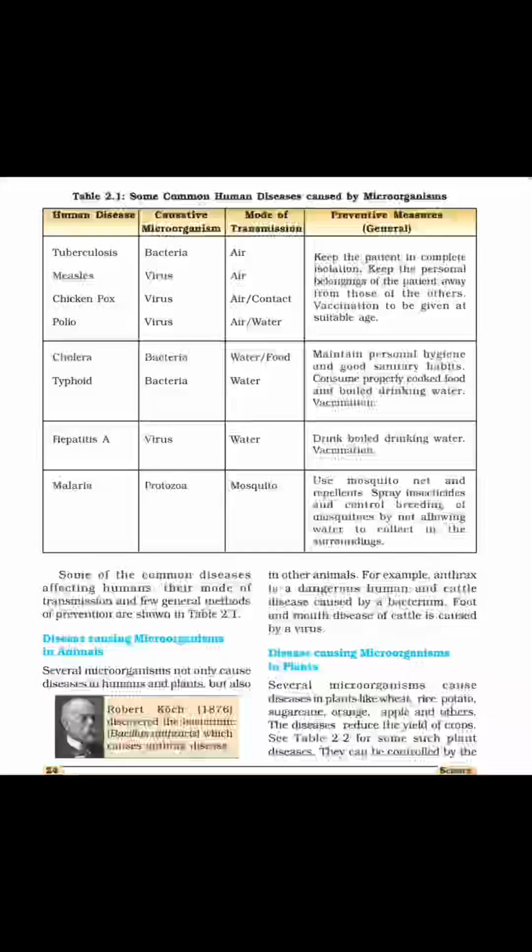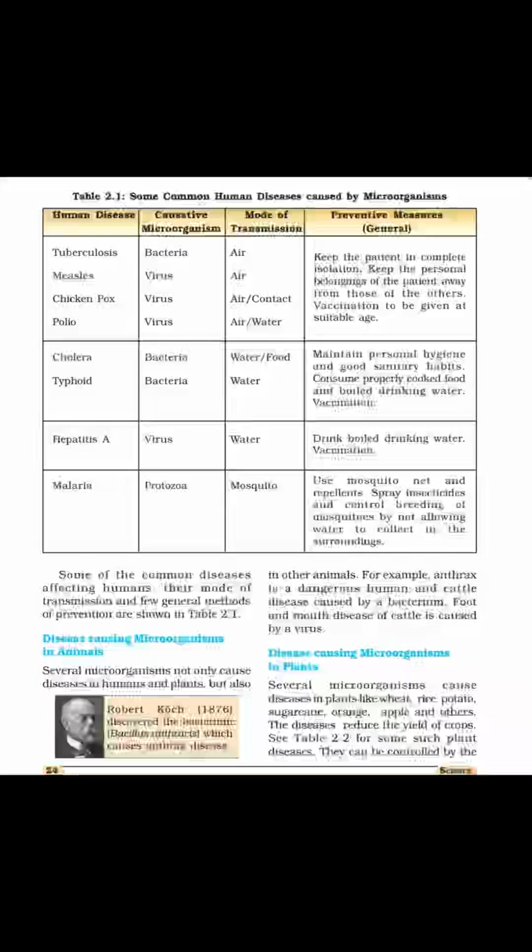Okay, and hepatitis A, caused by virus spread through water. Drink boiled water and get vaccinated. And malaria, caused by protozoa spread by mosquitoes. Prevention includes using mosquito nets, spraying insecticides, and preventing water collection, which we just discussed.